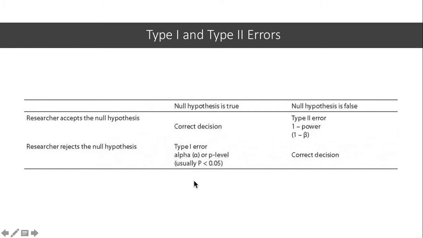A type 1 error, which is much more significant, we usually set at only 5%, or p of 0.05. So if we reject the null and that is, in fact, a true statement in the population, we are correct there.